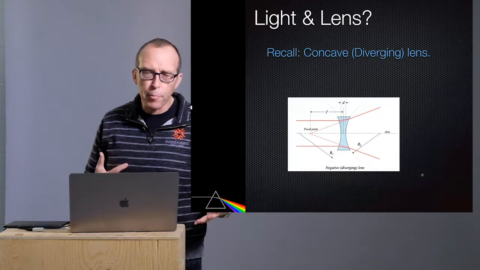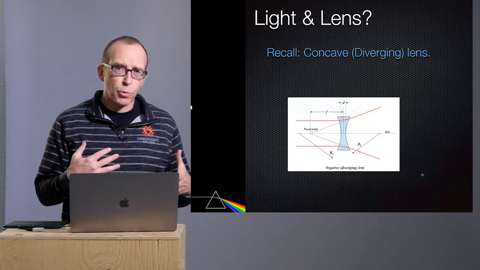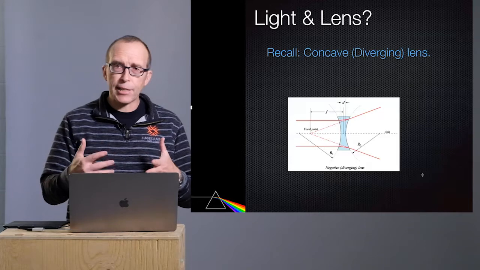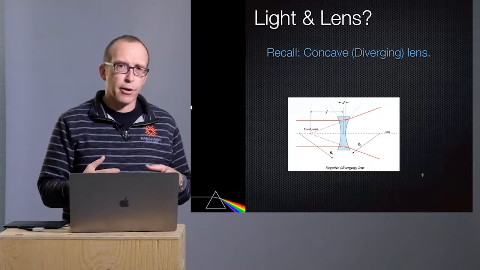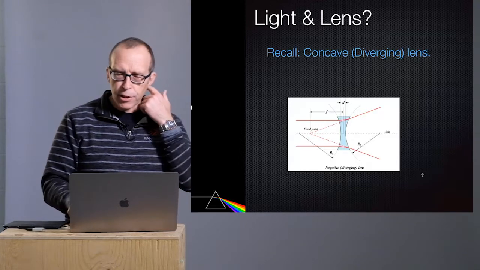So how do you solve that problem? Well, you might recall last week we talked about negative and positive lenses. Last week, I gave you some examples where negative and positive lenses work together to solve a problem. Here's another example.